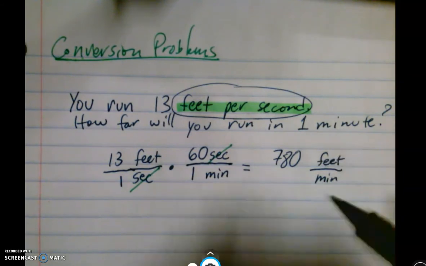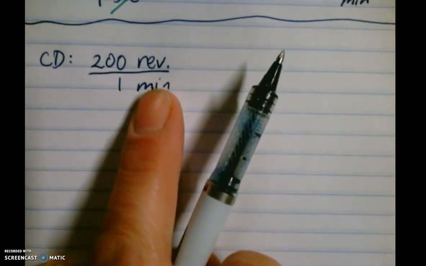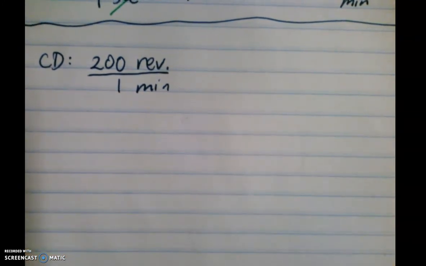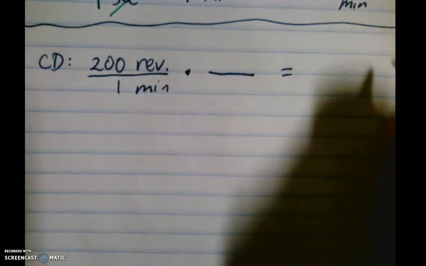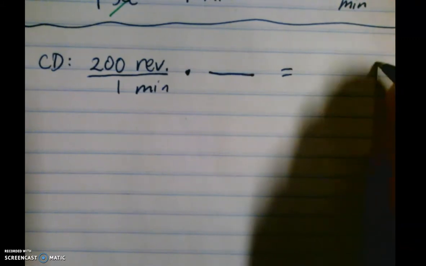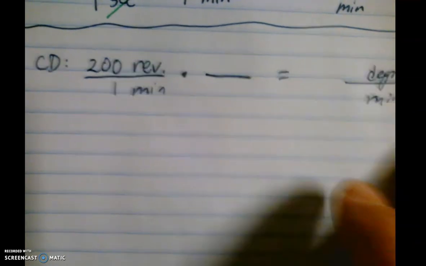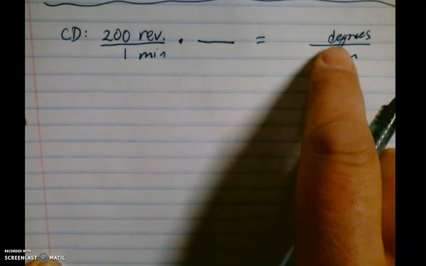So our problem is essentially the same. It has 200 revolutions per minute, and we're going to multiply by some conversion factor. They wanted our answer in degrees per minute. The reason I write it out like this is now I know where I need to get to: degrees.